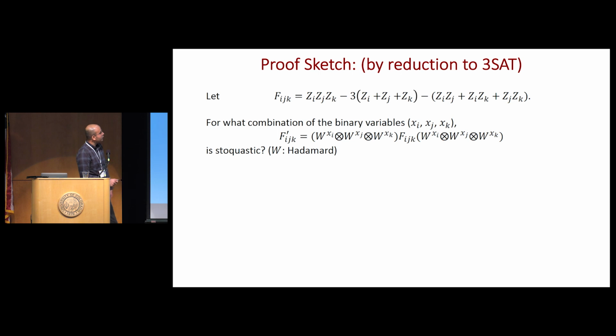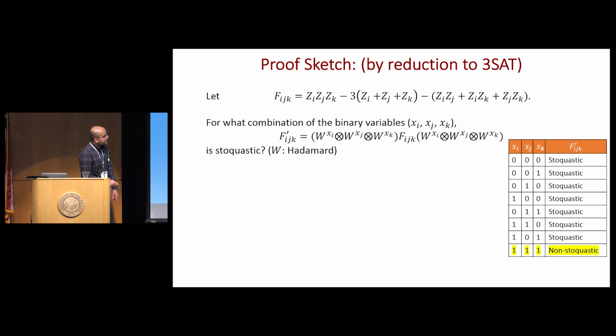You can go through all choices for the variables xi, xj, xk, and you get this table. The only case where you get a non-stochastic Hamiltonian is if you conjugate all 3 qubits with Hadamard.